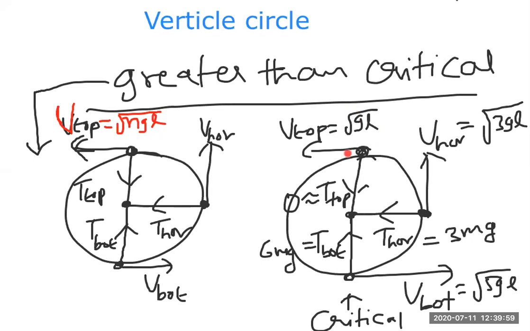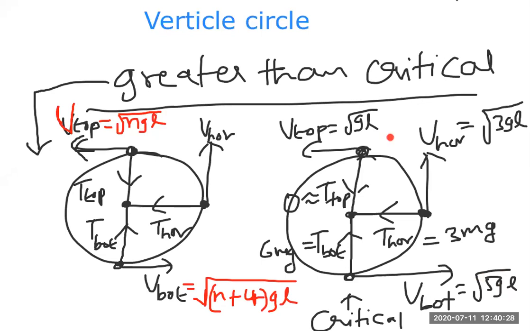At the bottom we have written root 5GL. How do we write root 5GL in terms of n? I found that I can write it as root of (n plus 4)GL. Observe carefully: at the bottom it is root 5GL, and I wrote root (n plus 4)GL.